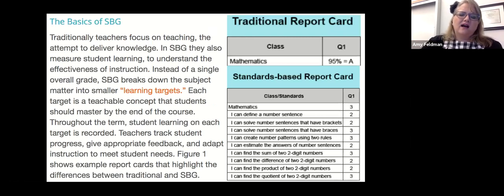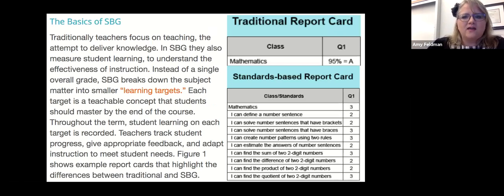So I don't know who knows what about standards-based grading, but our school has tried really hard to use standards-based grading in every subject in every class. So traditionally, you know that it's out of 100%, A, B, C, D, and F, based on your percentage, but that's what we're trying to get away from.